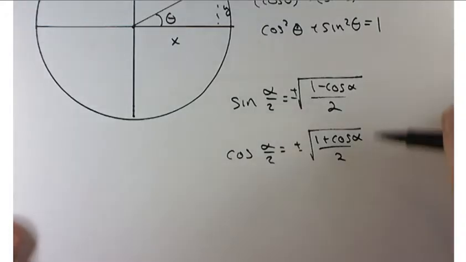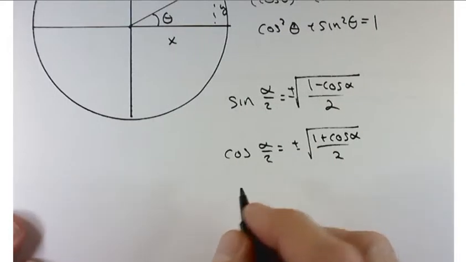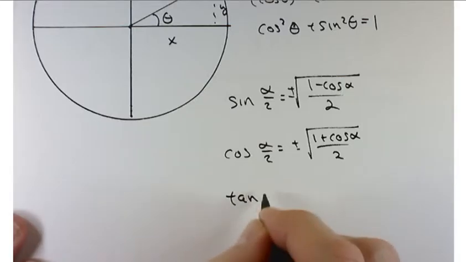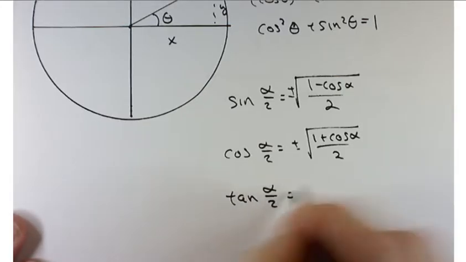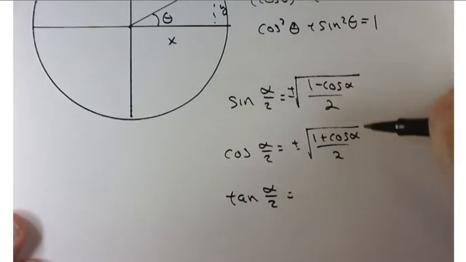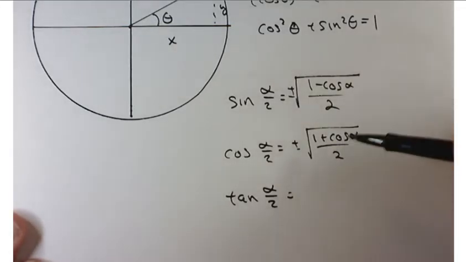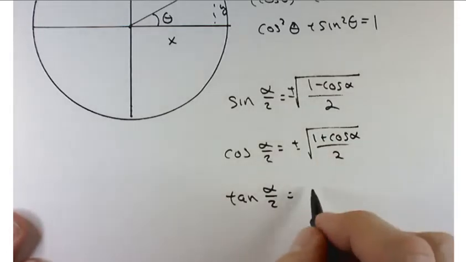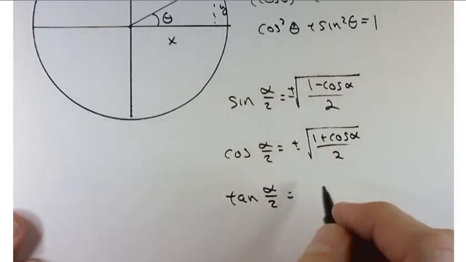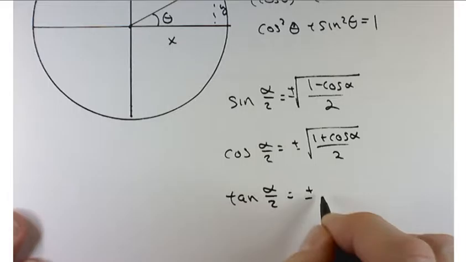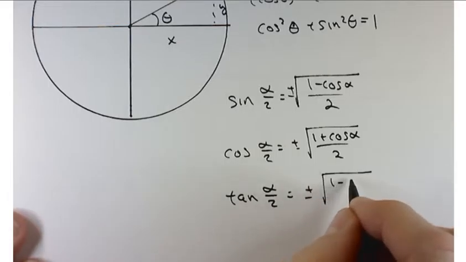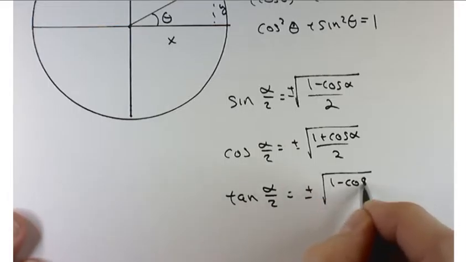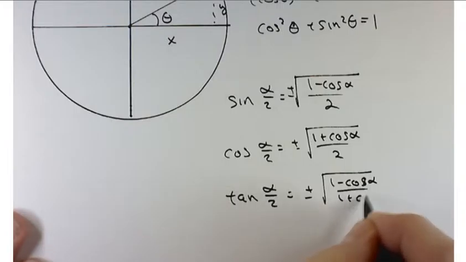The tangent has a couple of forms, but the one I'll introduce here, tangent of alpha over 2, is really the ratio of these two, sine over cosine. When I form the ratio, the denominators of 2 cancel each other out. So it's going to be plus or minus the square root of 1 minus cosine of alpha over 1 plus cosine of alpha.